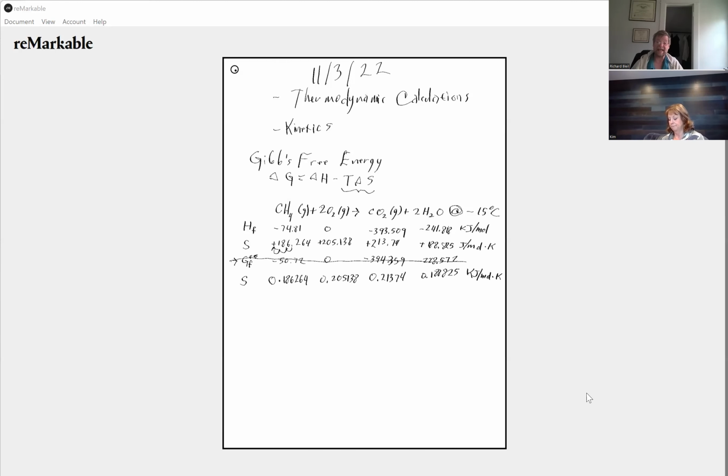And while we're at it, let's convert our temperature. To get to Kelvin, you add 273 to your temperature. Our temperature happens to be negative, so we actually have to subtract.